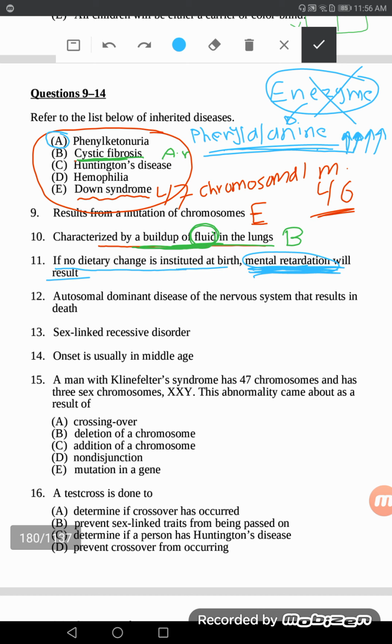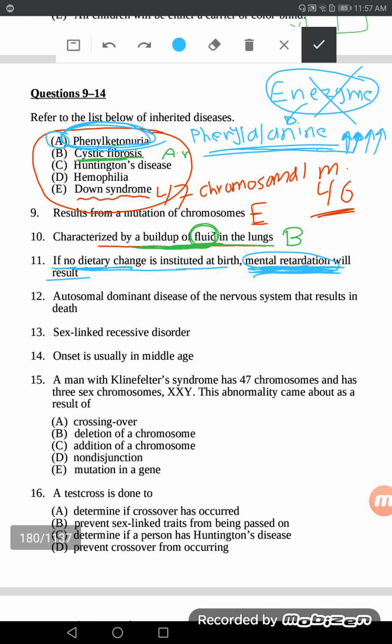So for those people, they have to change their diet, their food, to be free of phenylalanine. There will be no phenylalanine in their food, so the phenylketonuria will not be produced, it will not be accumulated, and finally we will not have the disease.